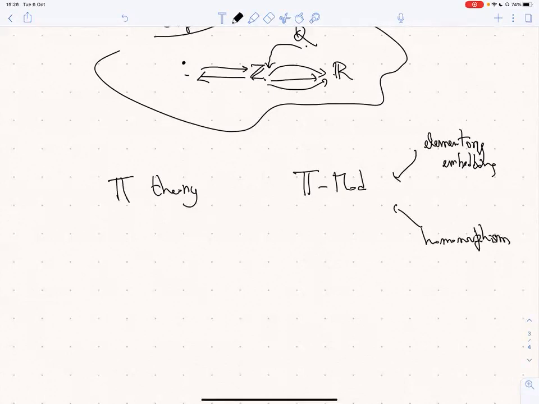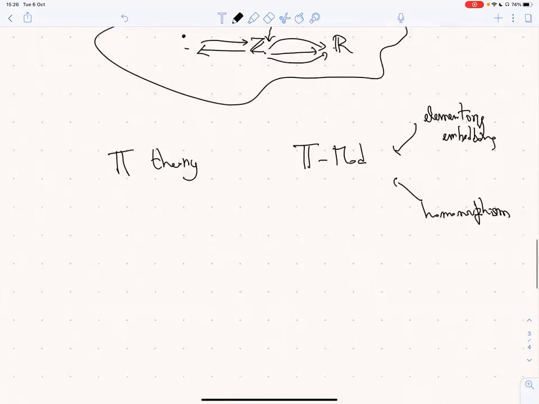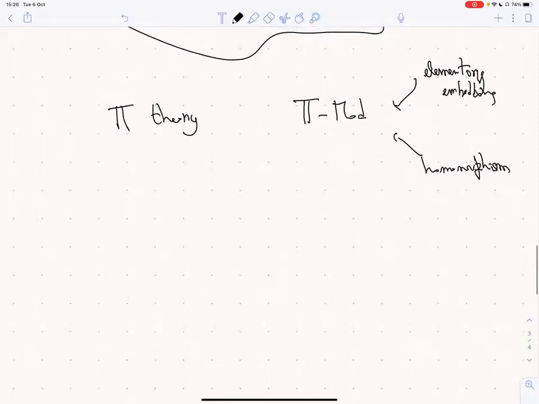And in both cases, this would be a category, because the composition of elementary embeddings is still elementary, and the composition of homomorphisms is still a homomorphism. And of course, the identity is an elementary embedding. Good. So these are natural examples of categories.